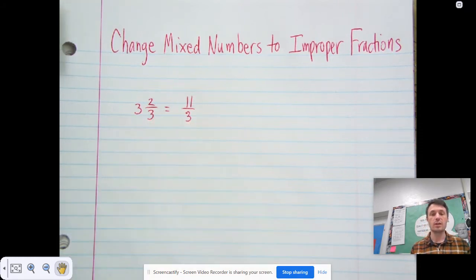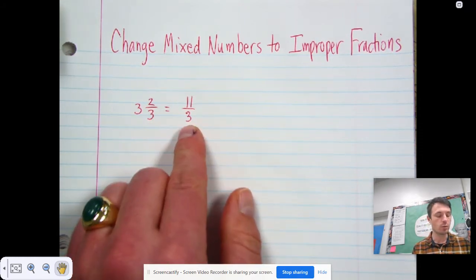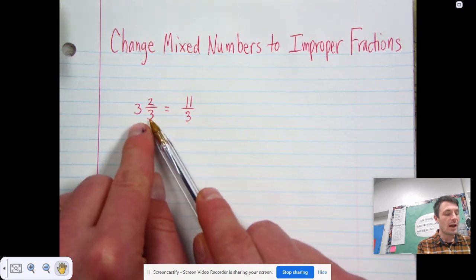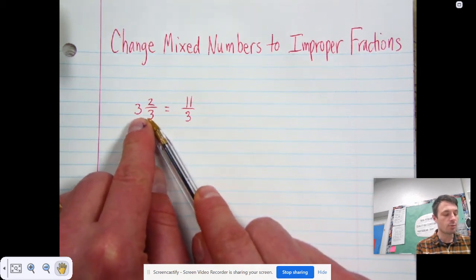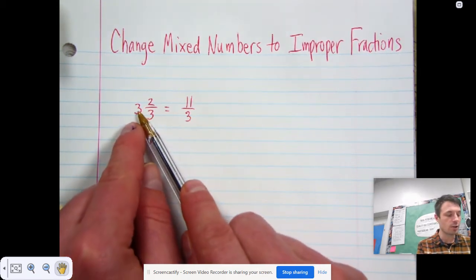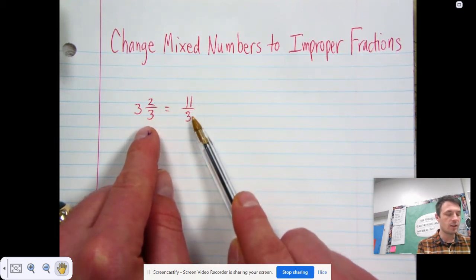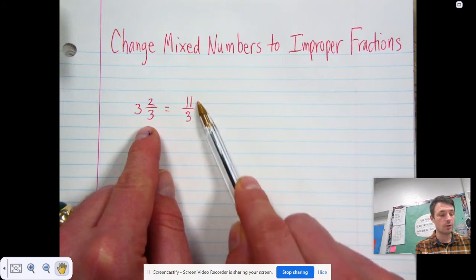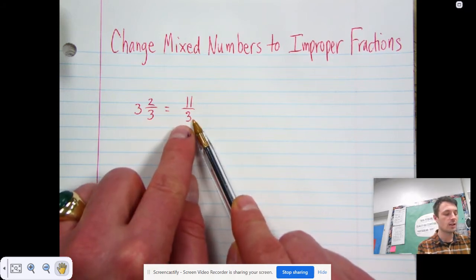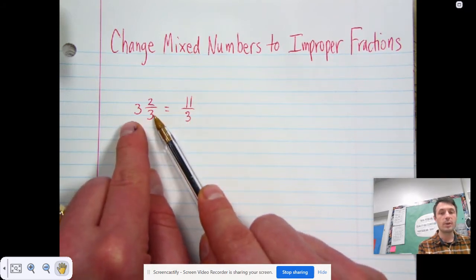And while we're on this lesson, why don't we just review real quick how to change improper fractions to mixed numbers, even though that's not what today's lesson is about. So how do you change this mixed number to an improper fraction? You multiply 3 times 3, you add 2, that gets you to 11. Then the denominator 3 stays the same, 11/3. But how do you change this to a mixed number?